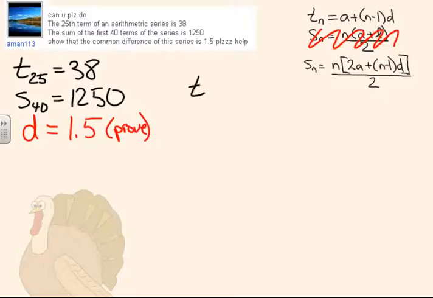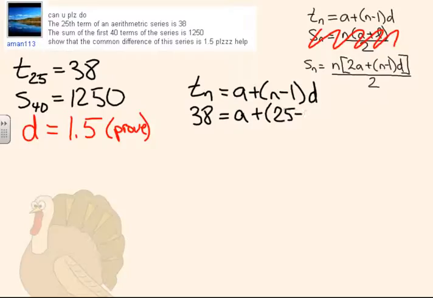using my t of n equals a plus n minus 1 d, let's put in what we know. The 25th term is 38. I don't know what my a is. Now, if we're working with the 25th term, we know that n should be 25, minus 1, and I'm going to be trying 1.5 for my d.